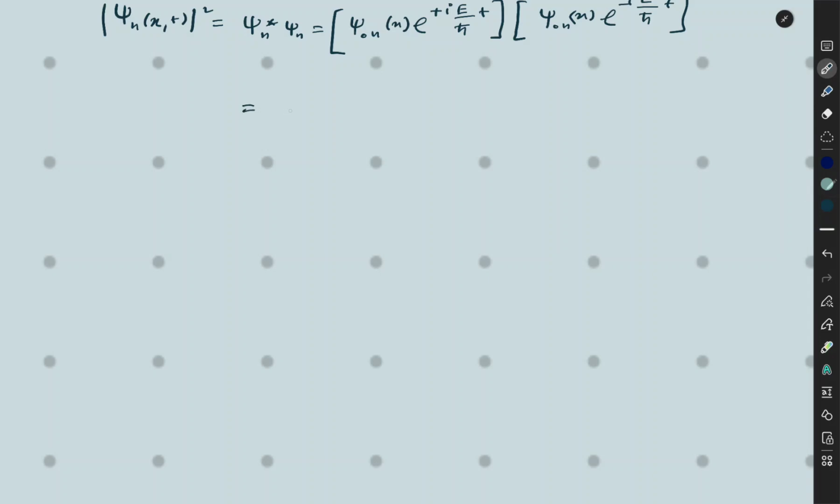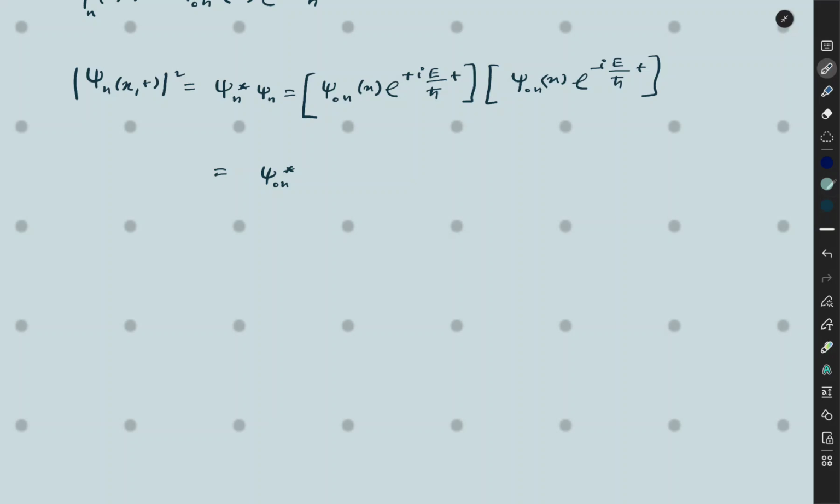So this is equal to psi naught n and the conjugate one. Just a second, here we missed the conjugate sign. So this is the star, and this is a function of x, multiplied by the original one, which is also a function of x, and then we get e power 0 because this and this multiply, and if we add the exponents, it will become 0.